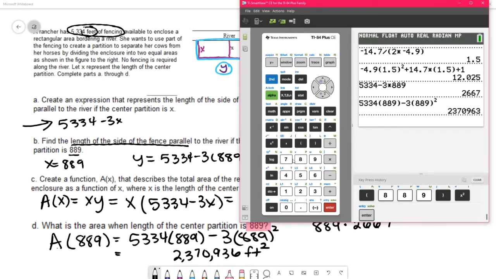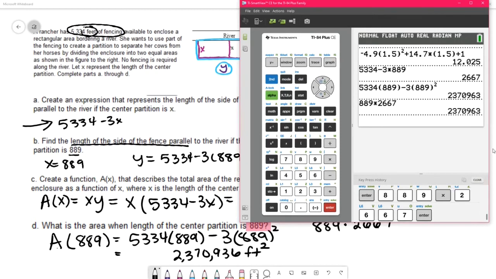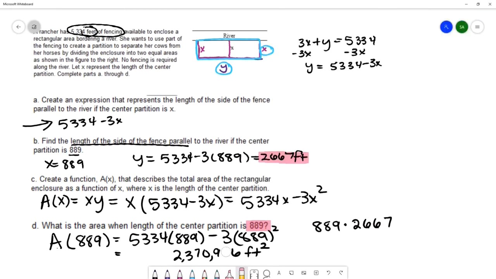So 889 times 2,667 also gives us 2,370,963. So I wrote this backwards. So we get 2,370,963 square feet.